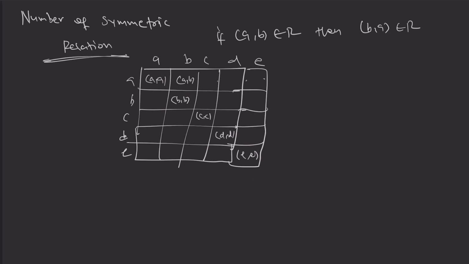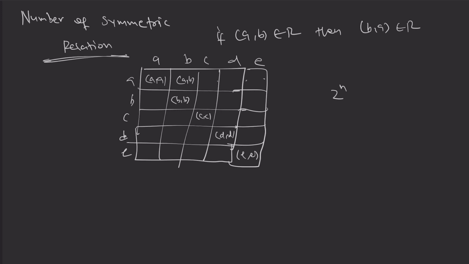For this particular example, I have 5 choices. I have to put this or not, I have to put this or not, I have to put this or not. Similarly for this. That is, I have to decide whether to keep these elements in the relation or not. So for each there are 2 choices, so 2 to the power 5 choices. And if I have n elements, then 2 to the power n choices.